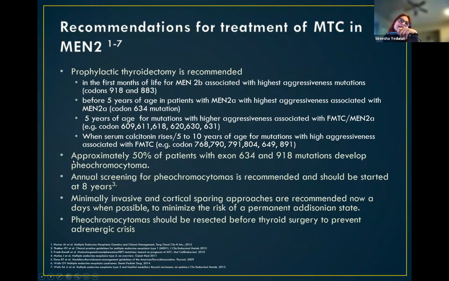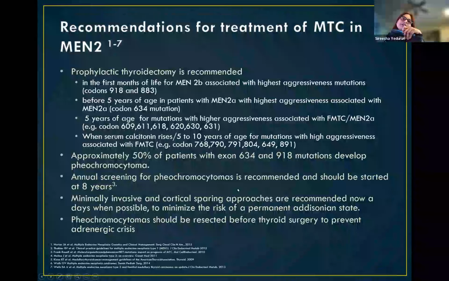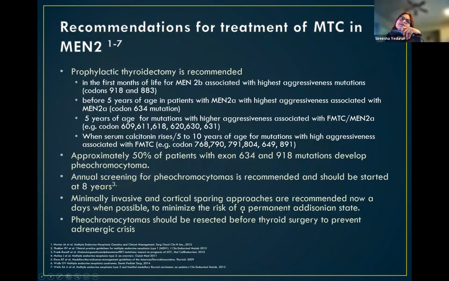Approximately 50% of the patients with these two highest levels of aggressiveness develop pheochromocytoma. So annual screening for pheochromocytoma should be started at around age 8 years. For pheochromocytomas, the trend is towards minimally invasive and cortical-sparing approaches to minimize permanent Addisonian state.